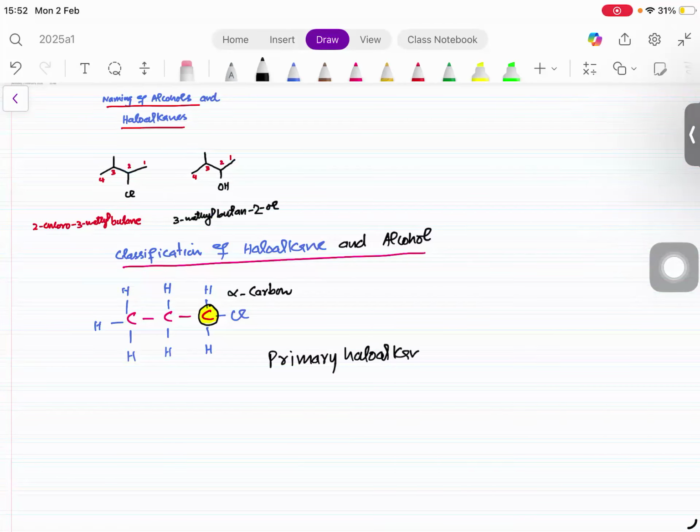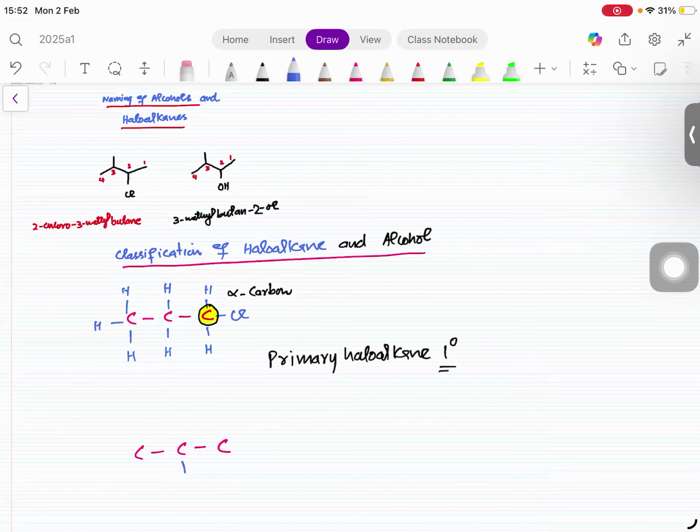What is the alpha carbon? The carbon which is having the functional group. If it is having 2 hydrogens or 1 carbon attached, it is known as primary haloalkane, or 1 degree. But on the other hand, with the same number of carbons, but Cl attached here, now look at the alpha carbon, please.